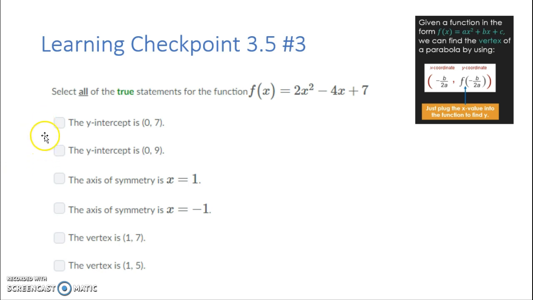So the first two deal with your y-intercept, and we just talked about that on the very first problem, that the y-intercept is the place where x equals 0.